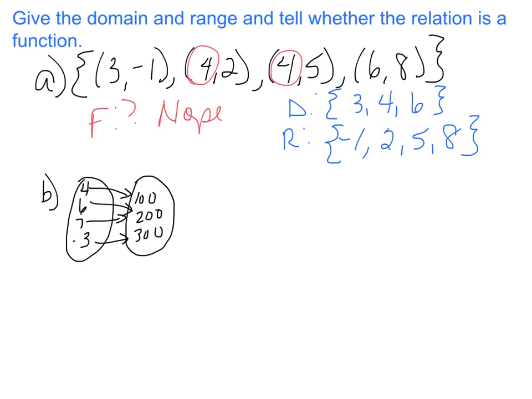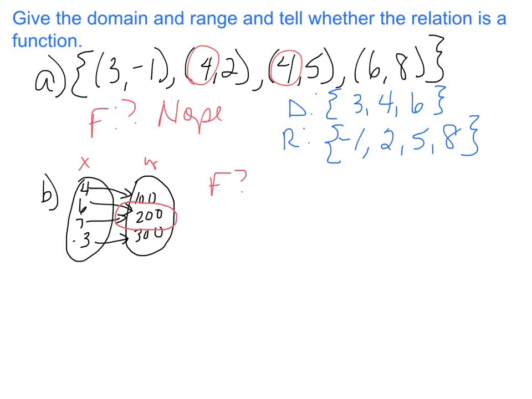Now, I want to look at this and say, okay, is this a function? Yeah, because every single x value or input value goes to a single output. Now notice the 200 is repeated because it has two arrows pointing to it. But if that's in the y column or the output value, does it matter? Nope. What would it look like if I had a problem here that is not a function?